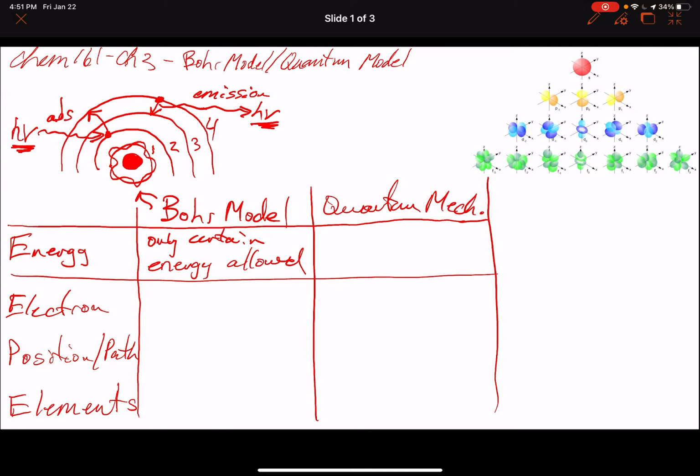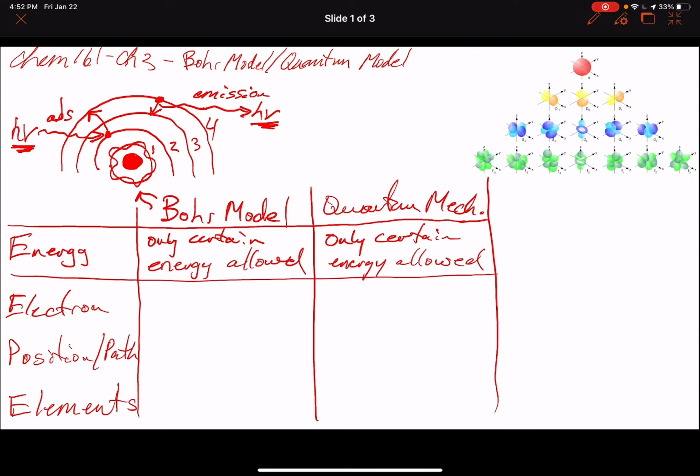So the energy of n equals 1 can be calculated from that n value equal to 1 and the Rydberg constant. We have that same idea in this quantum mechanics model. So that part translates nicely between the two models. Only certain energies are allowed there.